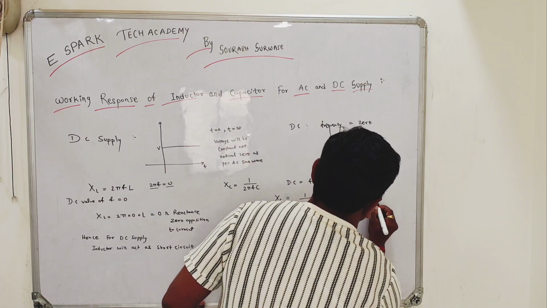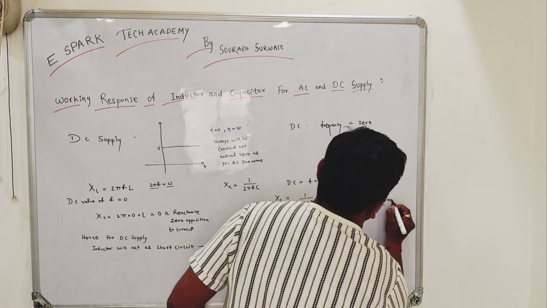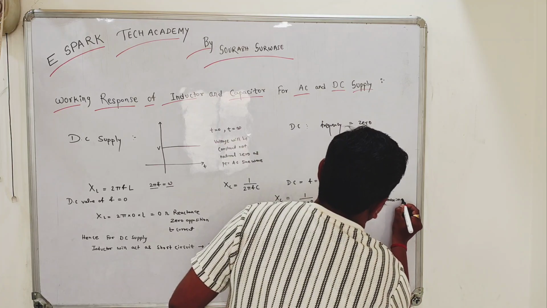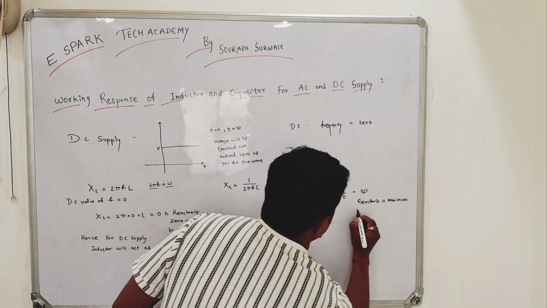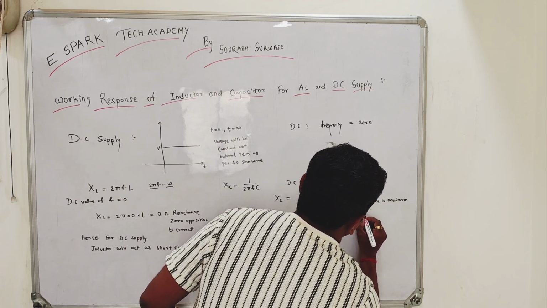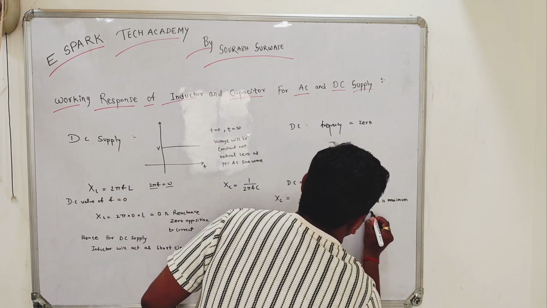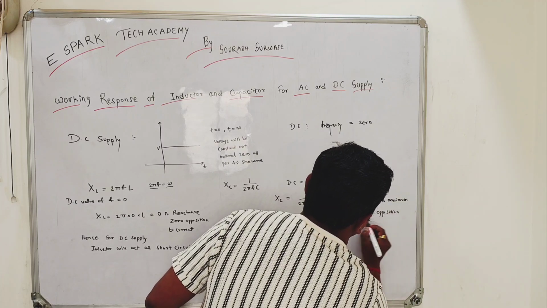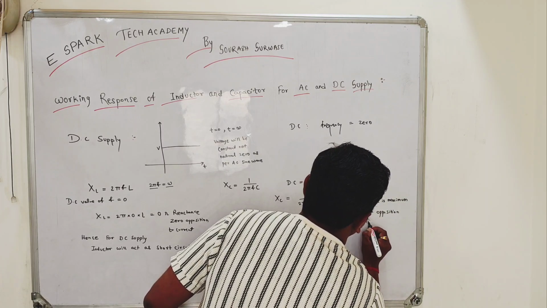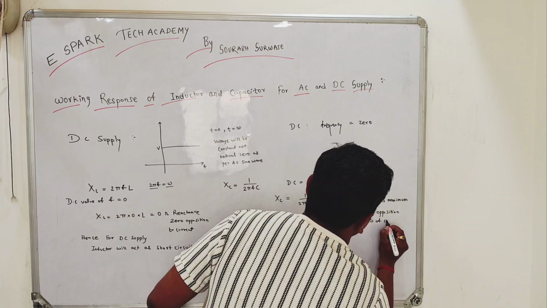Reactance is maximum, maximum opposition to flow of current.